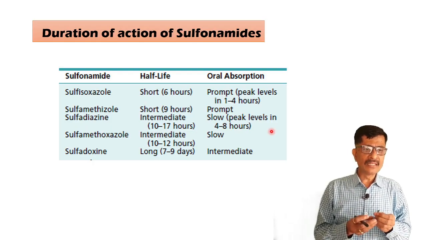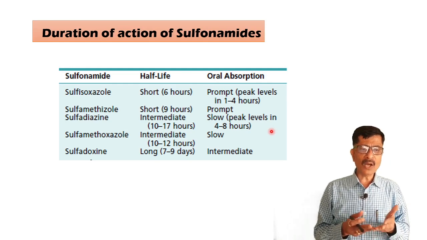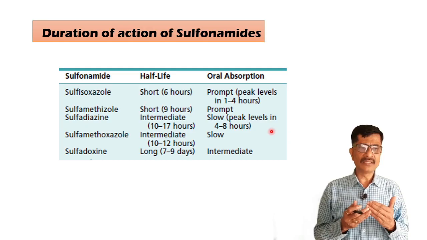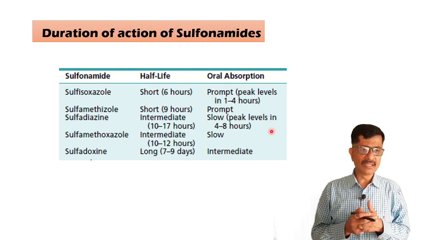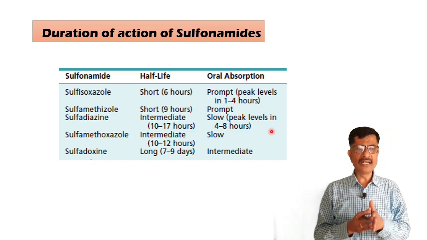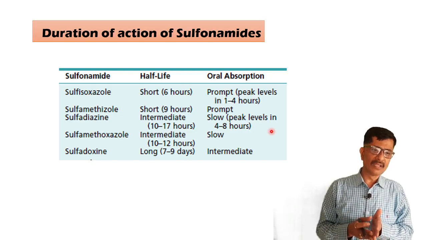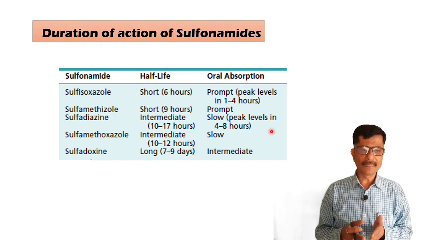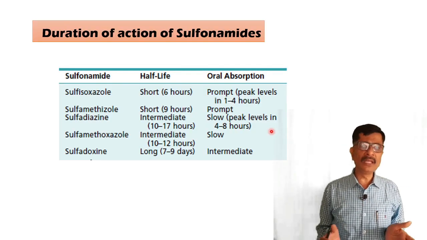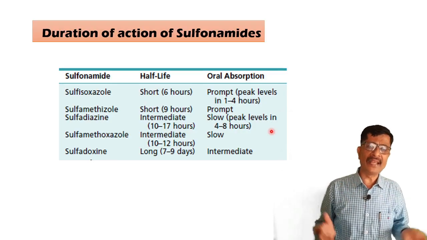If you look at sulfamethizole and sulfadiazine, they have intermediate duration of action. Sulfamethoxazole is also intermediate acting. Its duration of action may be from 10 hours to 17 hours, whereas sulfadoxine is absorbed slowly, eliminated slowly, and it shows its action till 7 to 9 days.